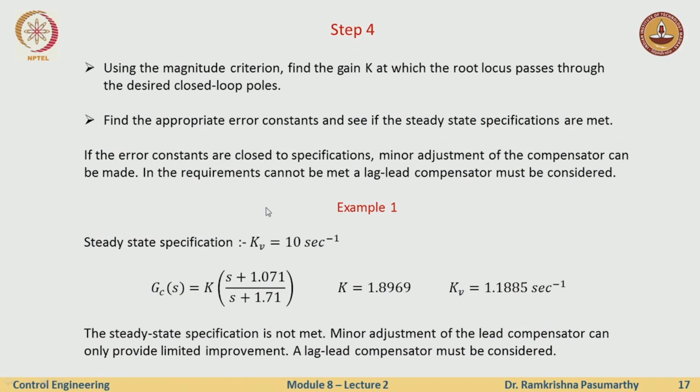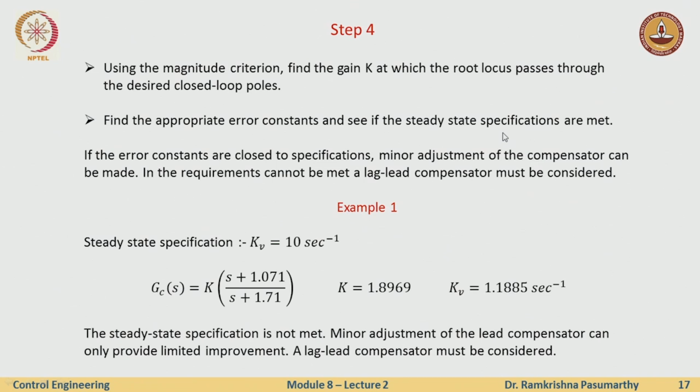So, now I found out what is the ZC and what is the PC. Now, the unknown is the closed loop gain K. This I could easily find by the root locus magnitude criterion. Use the magnitude criterion to find the gain K at which the root locus passes through the desired closed loop poles. We could also see what is the effect on the steady state specifications, even though that is not really the objective of this controller.